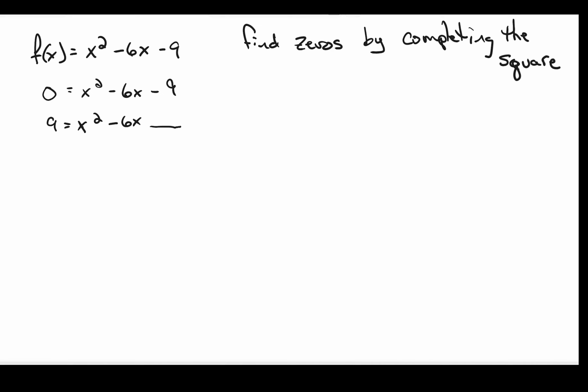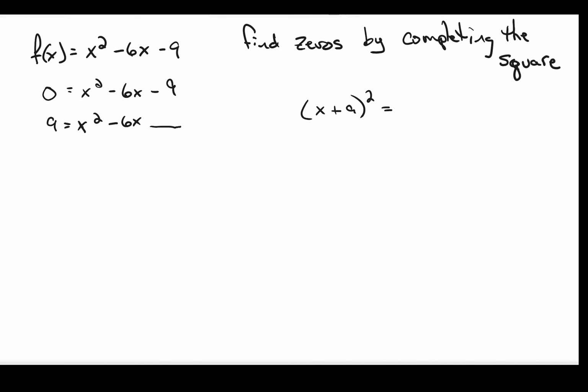In other words, a binomial that when squared, say x plus a squared, gives us the x squared minus 6x plus some c.